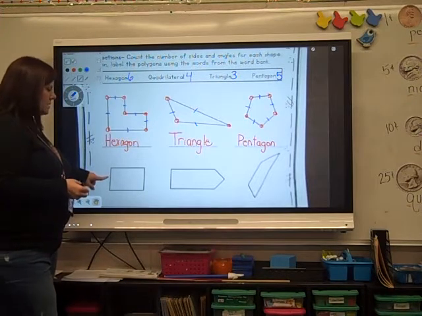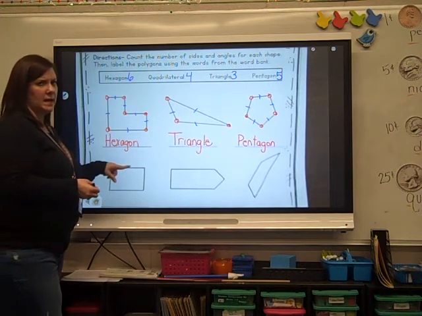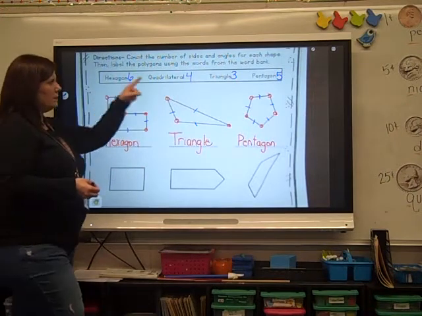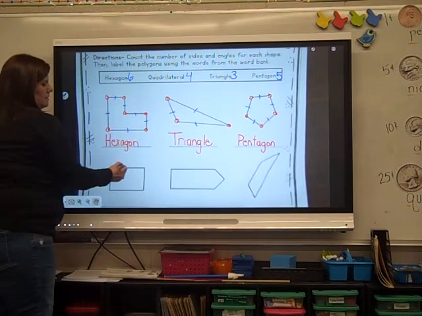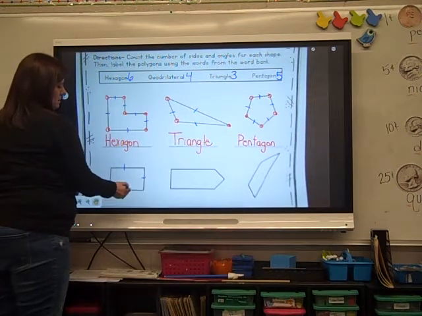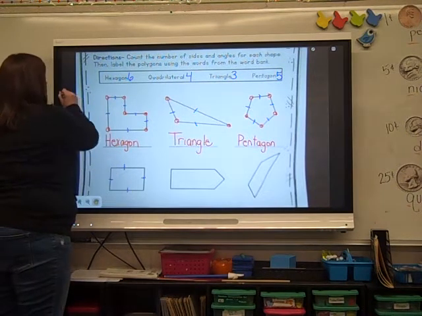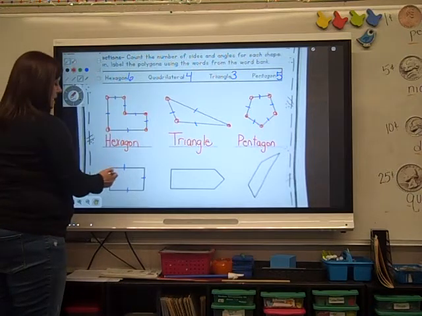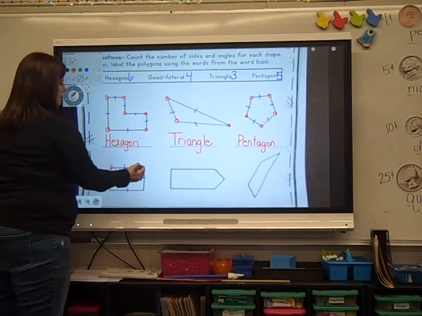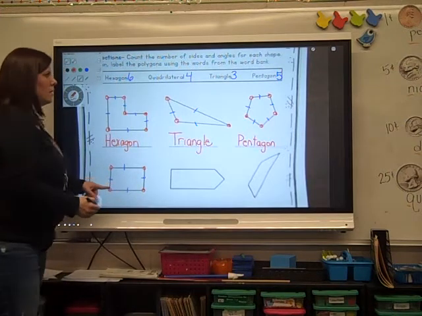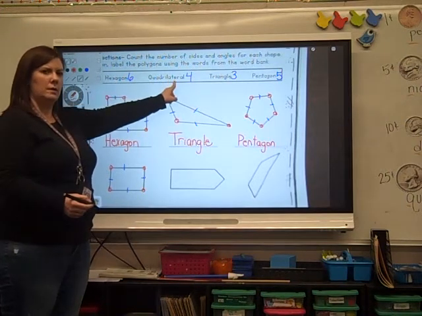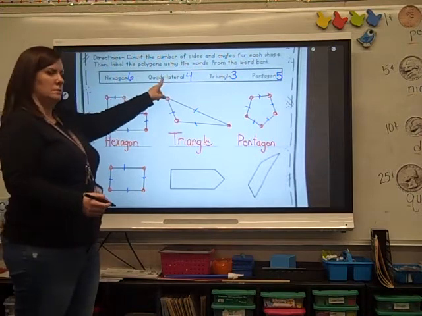All right, let's look at this shape. That kind of looks like a rectangle. But is that one of our choices? No. Let's count the sides. 1, 2, 3, 4. And I bet y'all already know how many angles it has, but let's still circle them. 3 and 4. So 4. Well, that's it. I wonder if you remember what it's called.